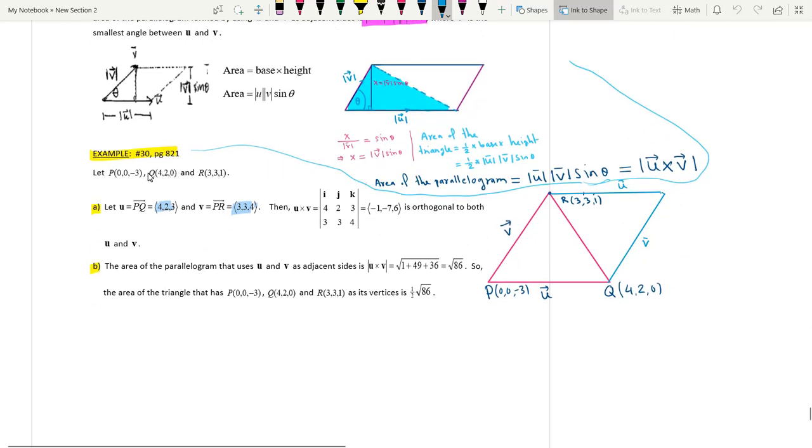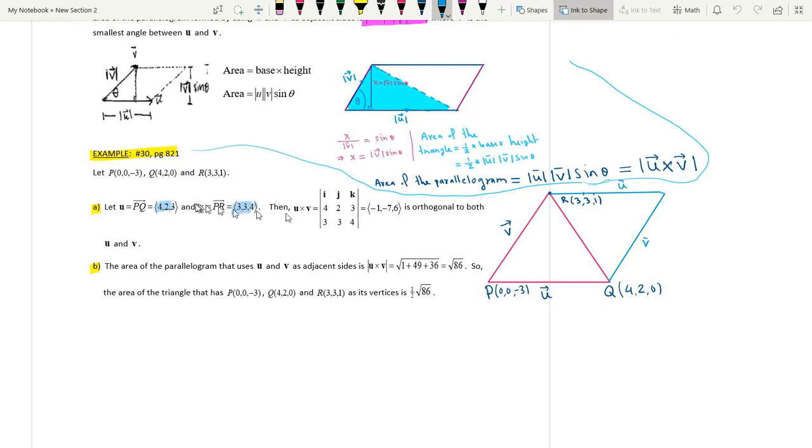Now in this example we have three vertices of a triangle. So this is P, this is Q, and this is R. We need to find the area of this triangle. First define this vector PQ as u. So u would be q minus p.